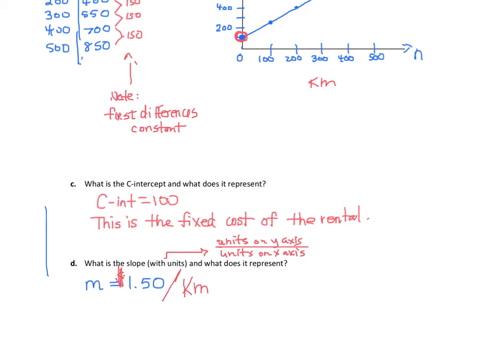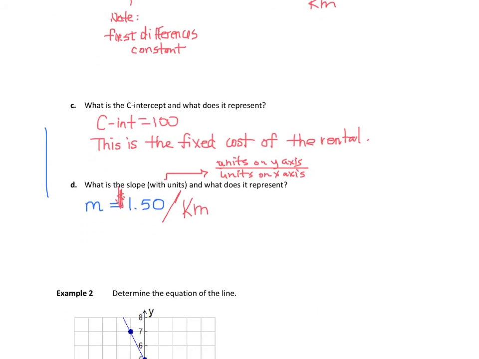Okay, that would be your units. And what that represents is the variable cost you would pay depending on how many kilometers you drive. So this is the amount charged per kilometer.